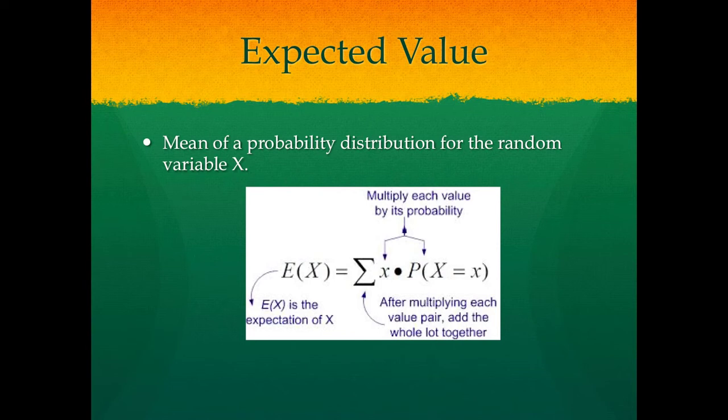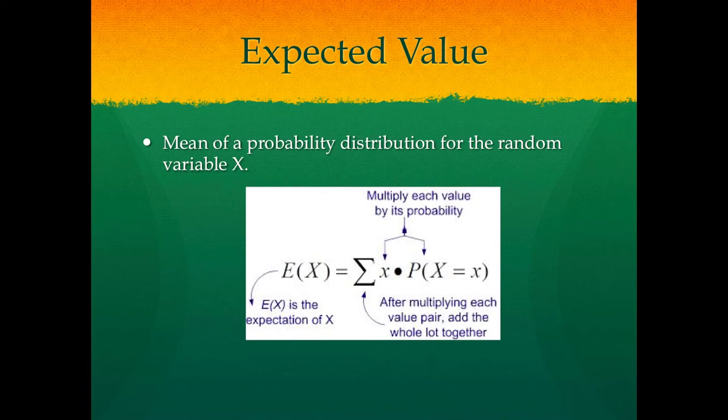So the expected value, say you are looking at the sum of two dice when you roll. The expected value is the average of that probability distribution for this random variable. In order to calculate it, you take each value multiplied by its probability, and then you add the whole thing together.